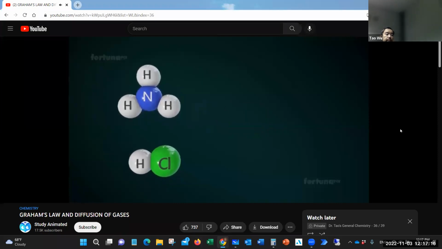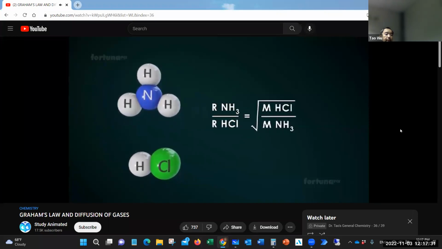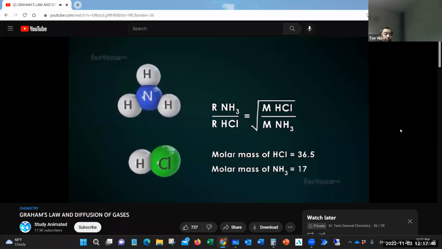For example, consider two gases, ammonia and hydrogen chloride, and apply Graham's law. Then it gives R NH3 divided by R HCl is equal to the square root of M HCl divided by M NH3. Molar mass of HCl is 36.5 and molar mass of NH3 is 17.